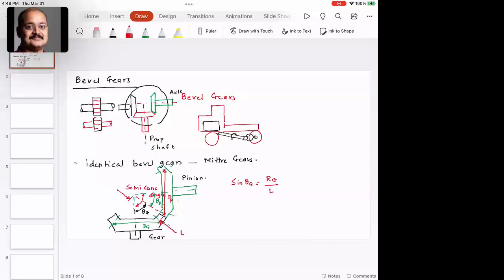Similarly, sine theta P is Rp divided by L. And this is nothing but a simple right angle triangle, or Pythagorean theorem if you want to use, that can be used to find out the relationship between the different sides of the triangle. And this L is called as the cone distance.